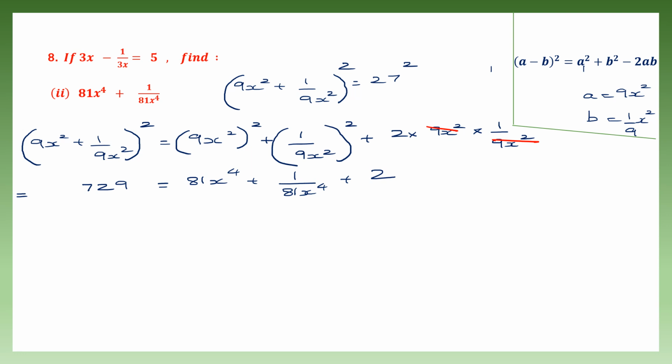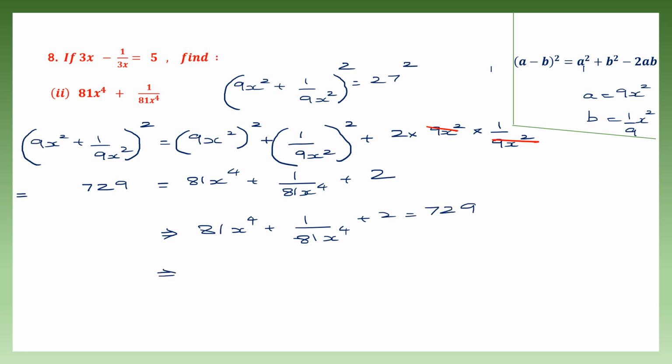So here, can you see we have found this part. We are able to reach this part and this is what is asked in the question: 81x to the power of 4 plus 1 by 81x to the power of 4. So we're going to find this. So let's leave this here. 81x to the power of 4 plus 1 by 81x to the power of 4 plus 2 is equal to 729.